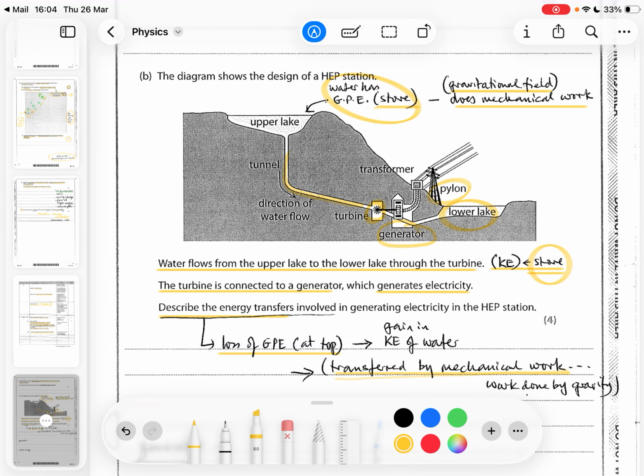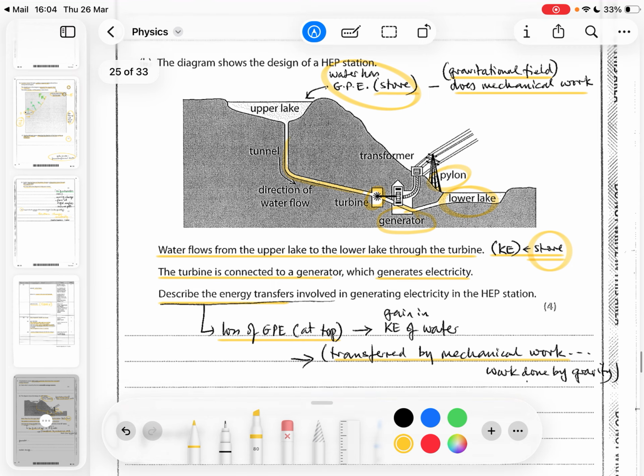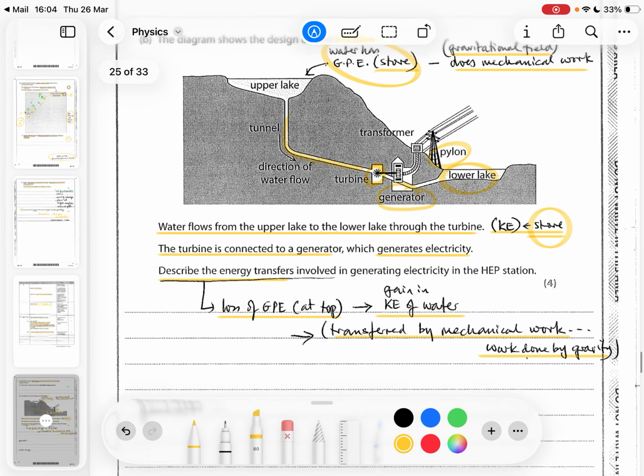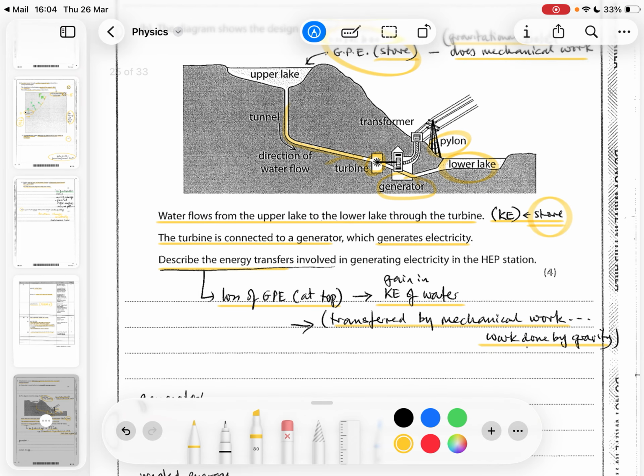Mechanical work means doing some physical force, in terms of the work done by gravity to gain the kinetic energy of the water, and then later on the water, through this loss of gravitational potential energy, is doing mechanical work to turn the turbine. So whenever a force is involved, we say it's transferred by mechanical work. Okay?